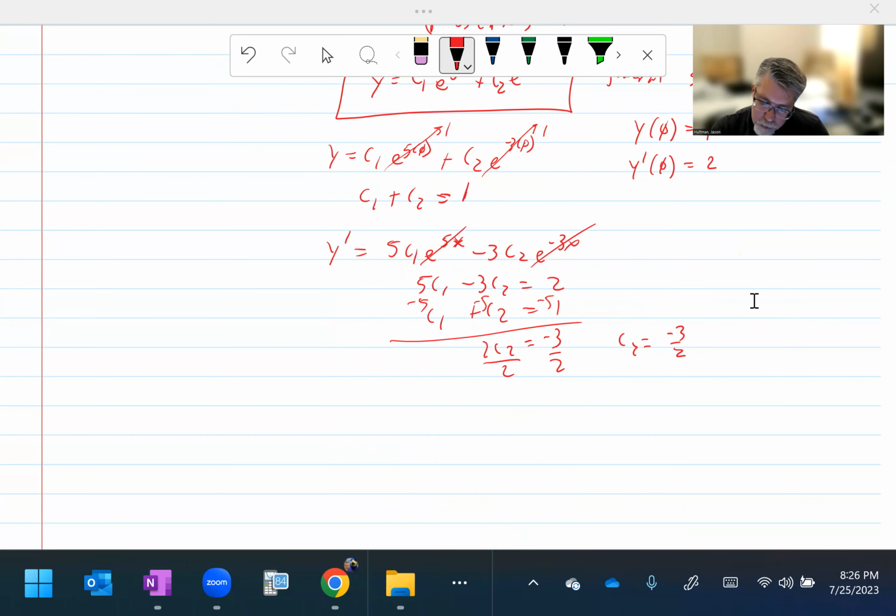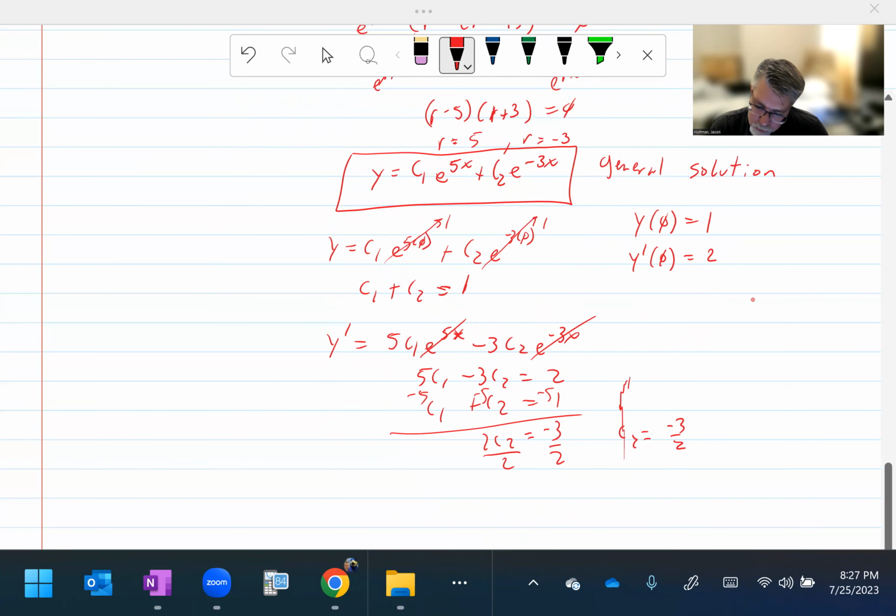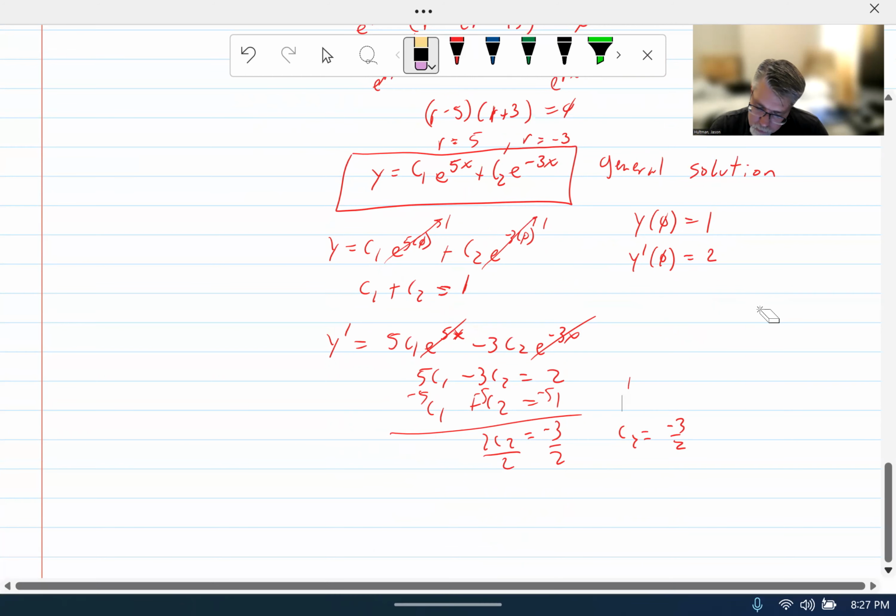And then if we plug back in, c1 and c2 have to add up to 1. So c1 plus negative 3 halves equals 1. Add 3 halves to both sides, and I would get 5 halves.